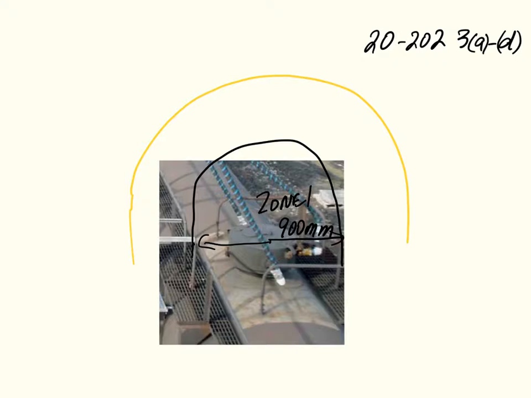Outside of that, of course, we have a Zone 2 location, and that extends outwards to 1.5 meters either direction. Zone 2.